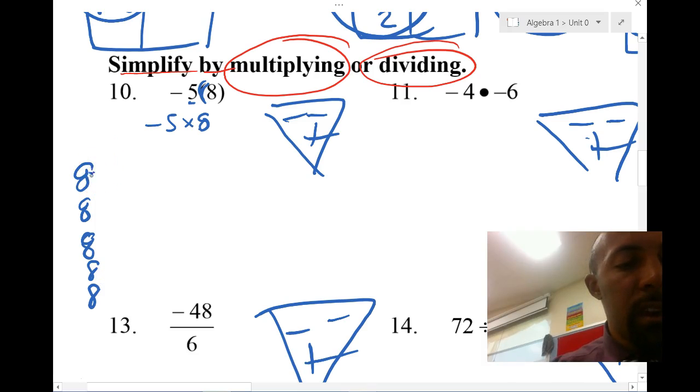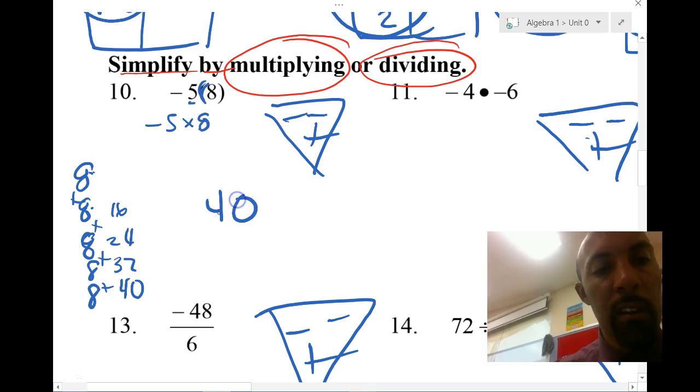So 8 plus 8 is 16, plus another 8 is 24, plus 8 is 32, plus 8 is 40. Okay, so 40. Then 5 is negative, 8 is positive, so the answer is negative.